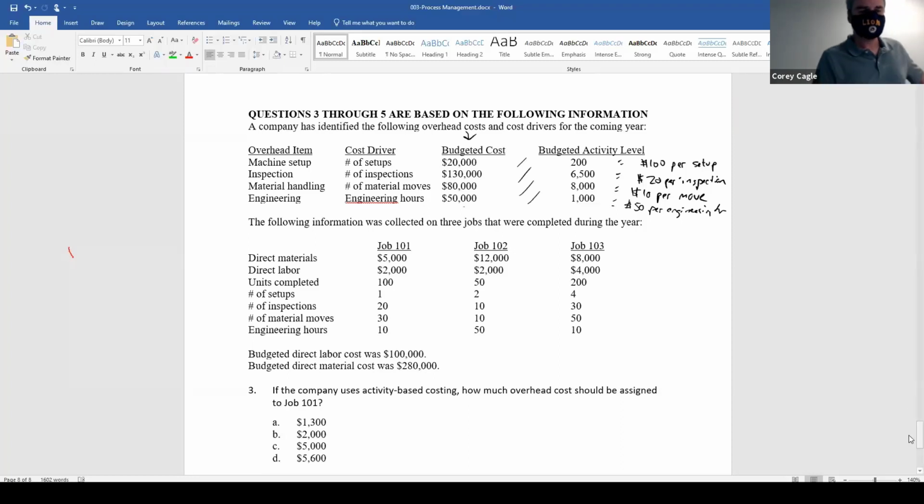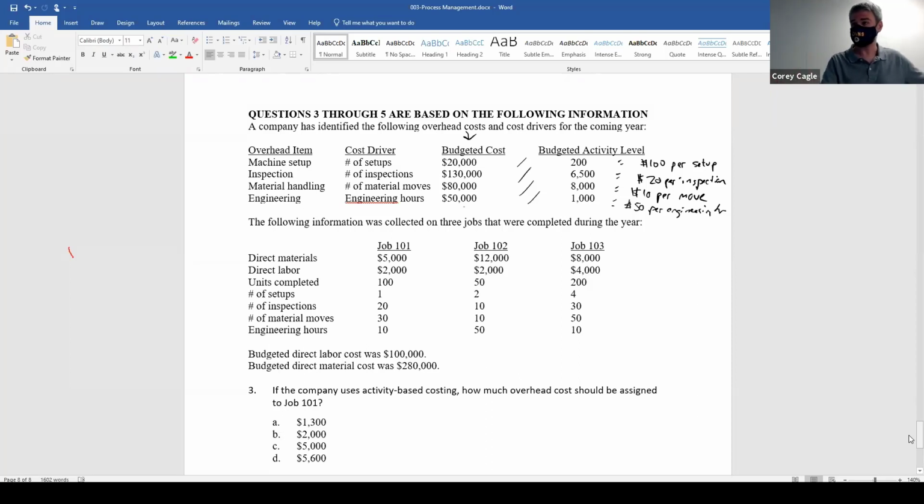So, if we're costing jobs here, if we're just costing these jobs by one big giant overhead pool divided by labor hours versus this whole setup here where we're actually thinking about what drives the cost and allocating overhead based on how many setups, how many inspections, how many moves, how many engineering hours, which do you think will be more accurate?